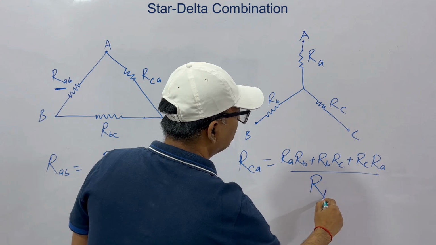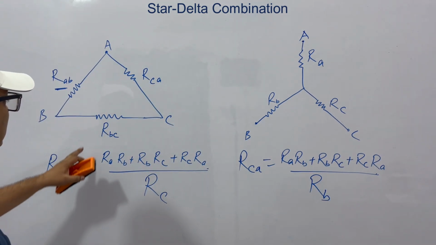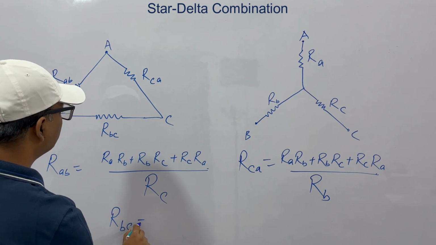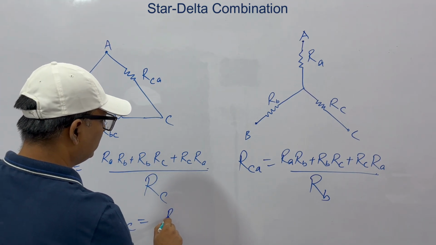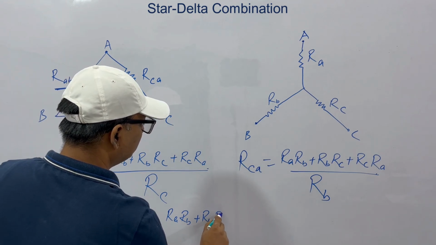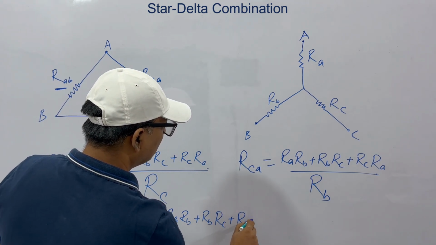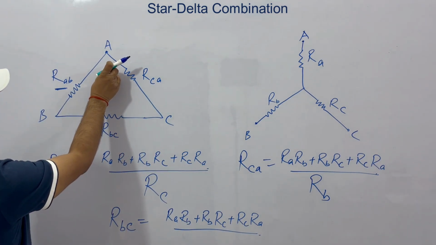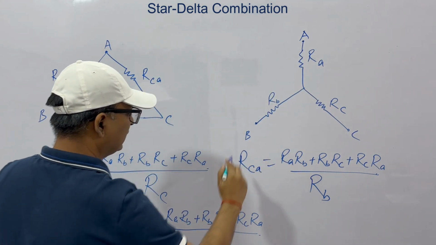So this is RB. Clear? Similarly, you want to know what RBC is. Now, you must have understood RBC. This is common, RA RB, RB RC, RC RA, and the resistor in front of this is RA.